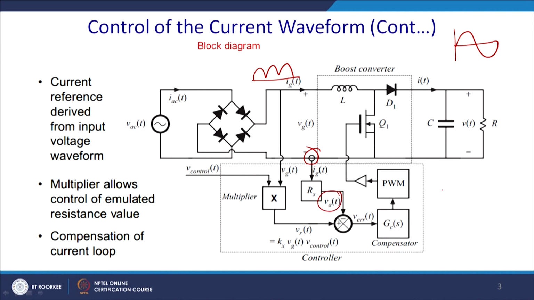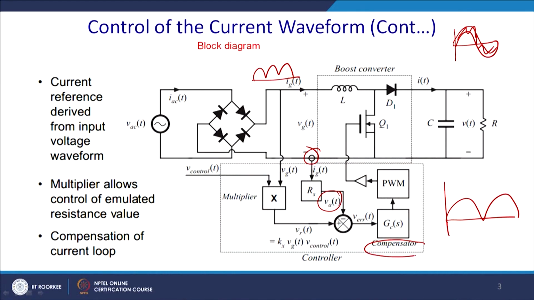Please note that you want this waveform, and you want the current to also follow this waveform, and thus the input side current will be something like that, contained within this envelope. Thereafter, generally you have a hysteresis block that will generate the hysteresis band, and thereafter you get a compensator, that is essentially a lead-lag compensator that will ensure the stability of the circuit.